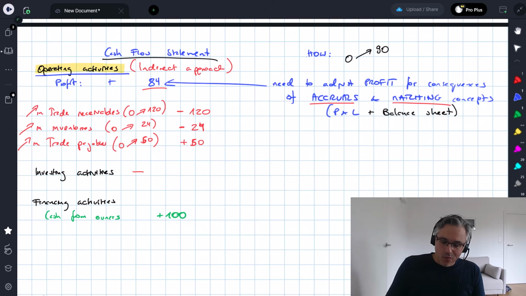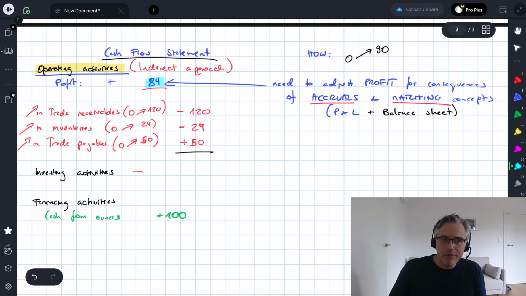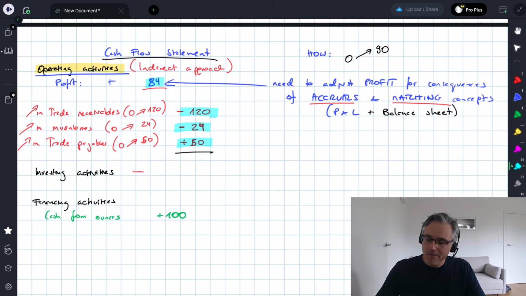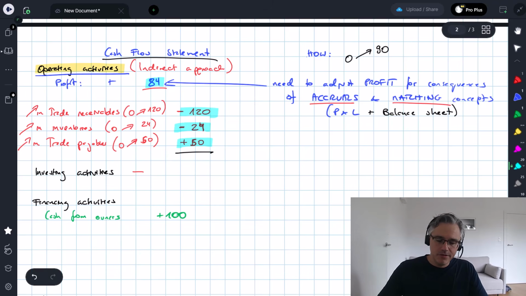When we now consider the profit and the three adjustments that I propose, so minus 120, minus 24 and plus 50, let me do this on my calculator.